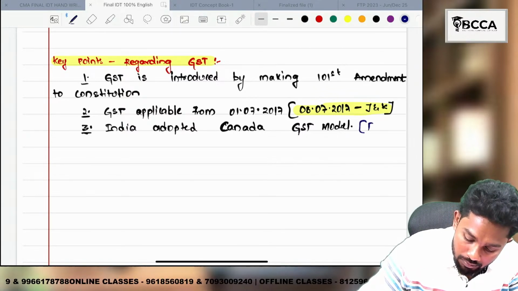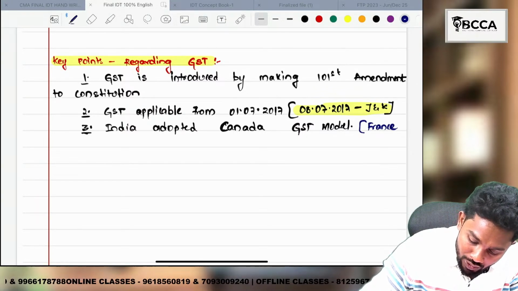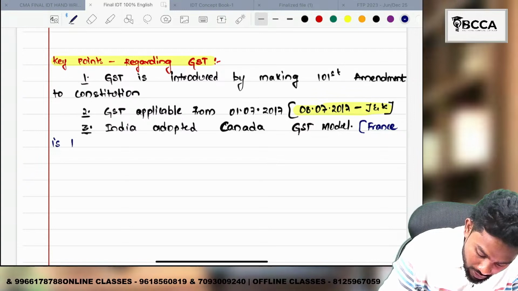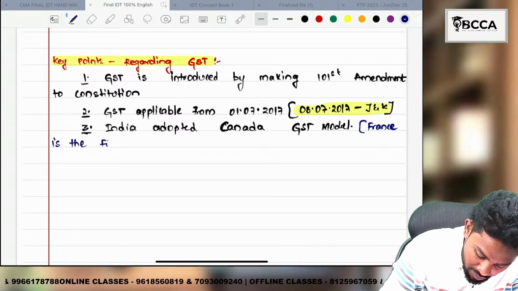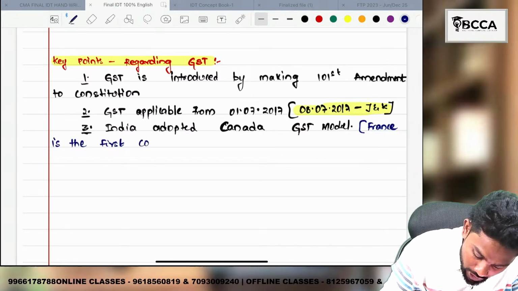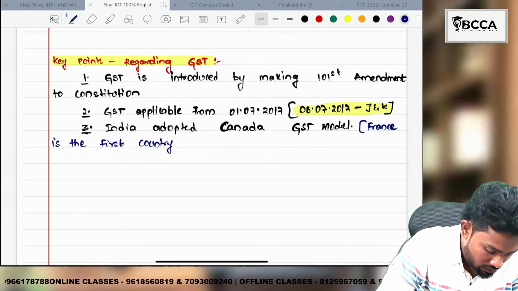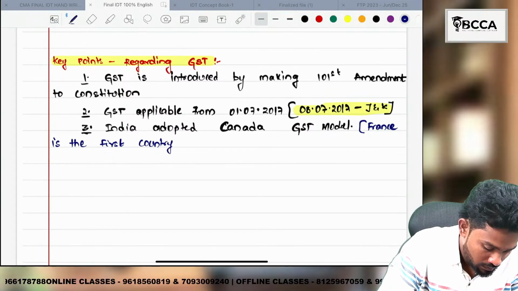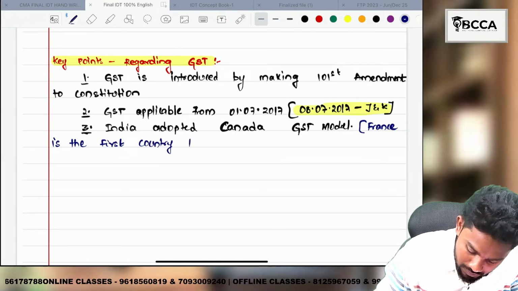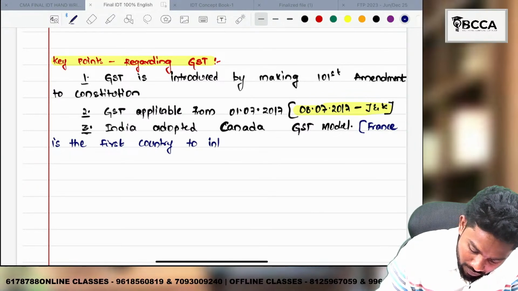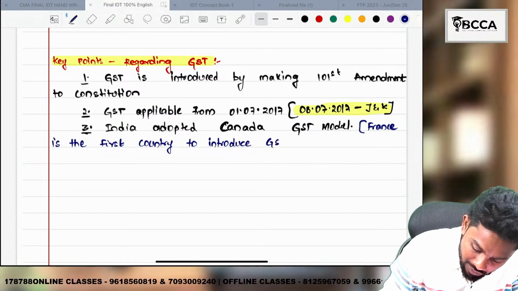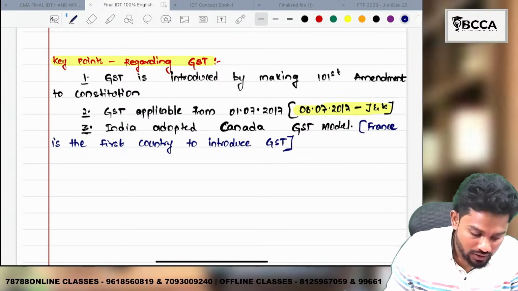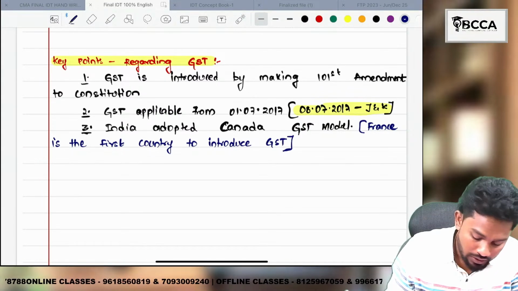France. France is the first country to introduce GST.